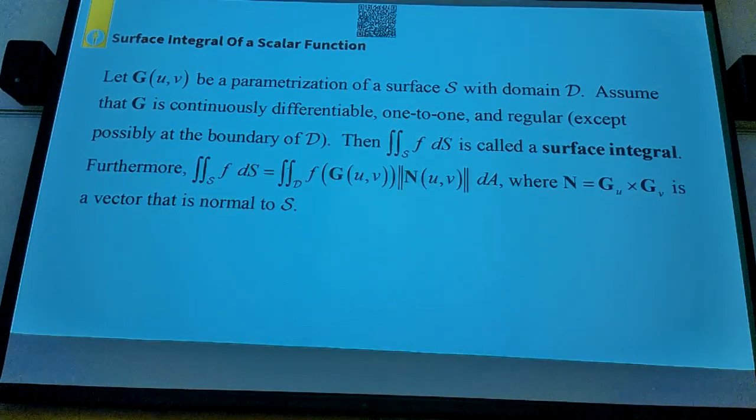Evaluating the surface integral, you set it up as a double integral over the domain of your parameterization D of f evaluated along G, right, your parameterization of the surface, times the norm of the normal vector to the surface, dA. Right, and the normal vector is G sub U cross G sub V, or G sub V cross G sub U, depends on the orientation.